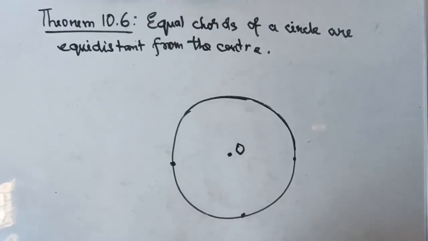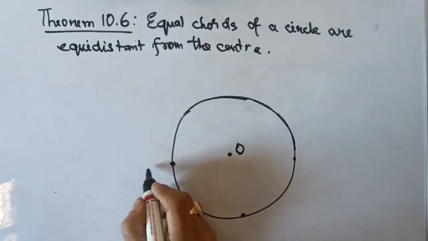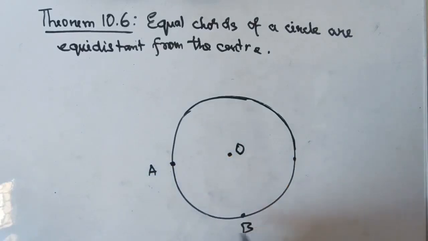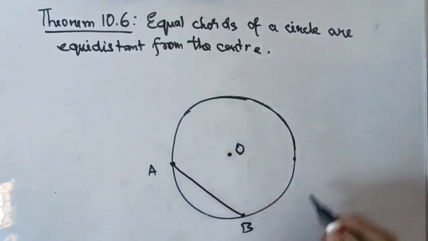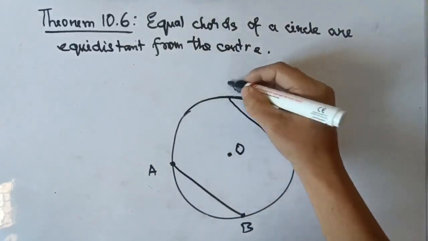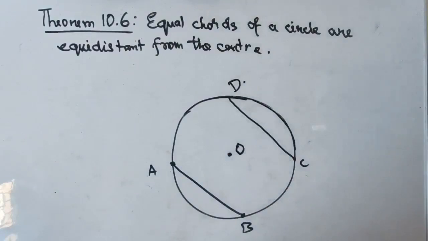Next, theorem 10.6, which is equal chords of a circle are equidistant from the center. So this is a circle with center O, and let us take two chords which are equal in length. So chord AB and chord CD are two chords of the circle which are of equal length.